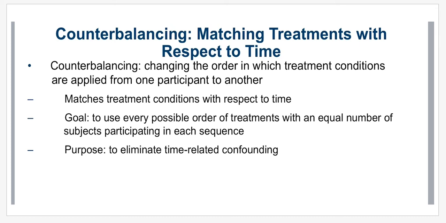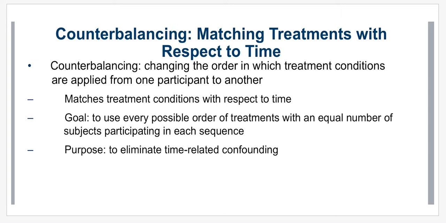So again, this is matching treatment conditions with respect to time. The goal here is to make sure that you're using every possible order of treatments, with an equal number of participants in each sequence.